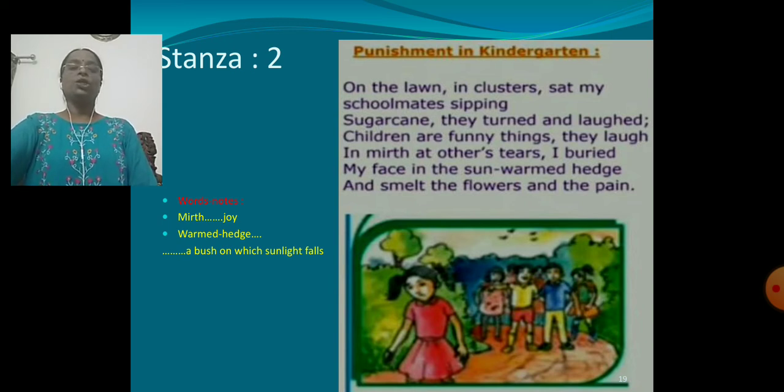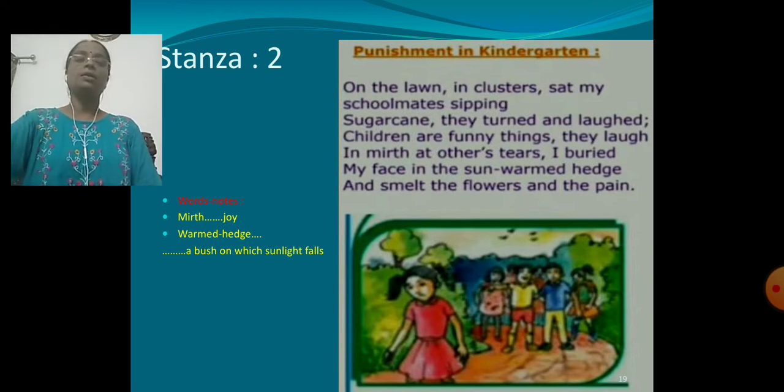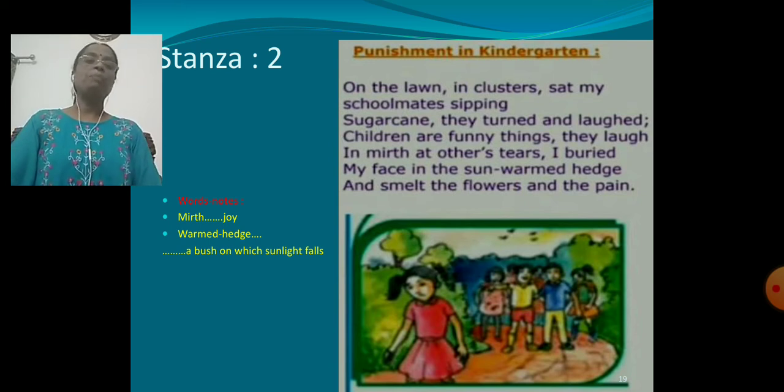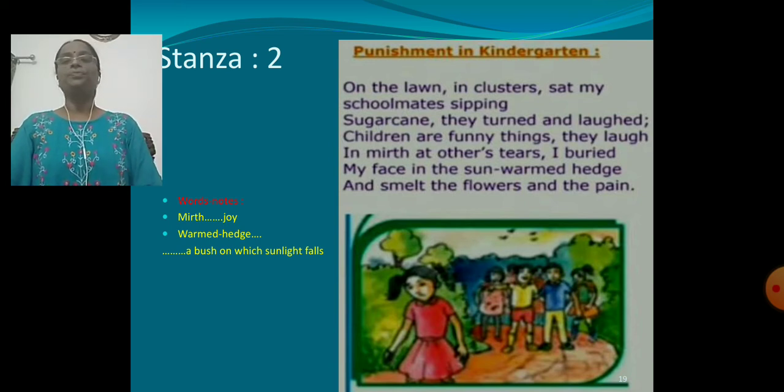Being hurt, she hid her face in the sun-warmed hedge. So without realizing the difficulty of a sensitive child, the teacher began to scold Kamla. And she could not bear the pain of the words, and she buried her face in the sun-warmed hedge and smelled the flowers and the pain at the same time.